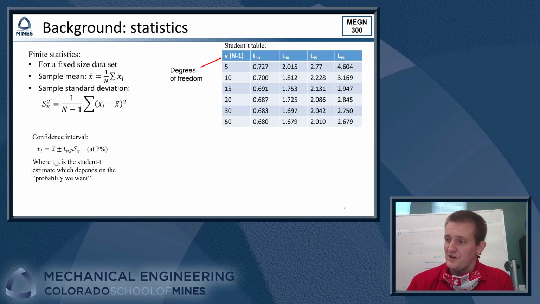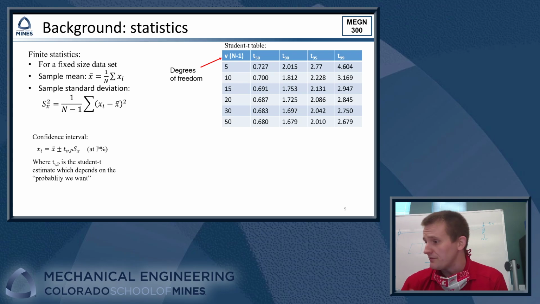So we find the appropriate row in Student's t-table for our data set, and then we need to pick the t-value out of one of these columns. The columns represent the confidence interval, or level of confidence that we have in the data.